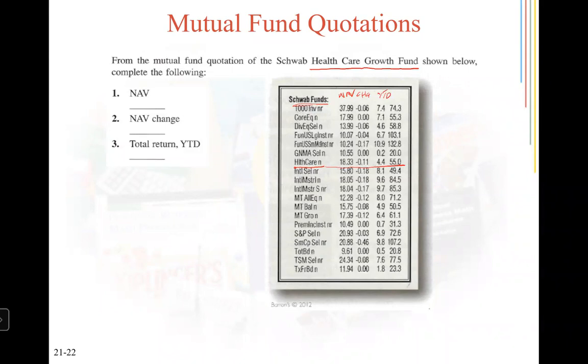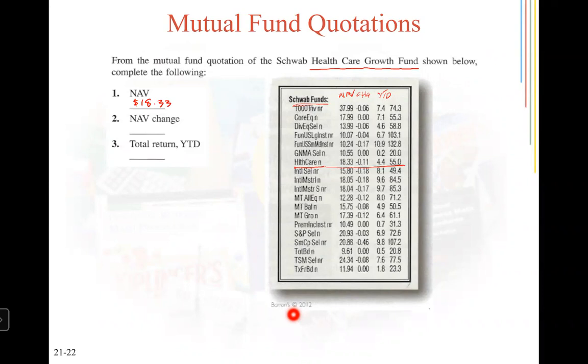Ms. Bain, tell me what you see there. I see 18.33. $18.33, okay. That means one unit of that mutual fund is being sold for $18.33.